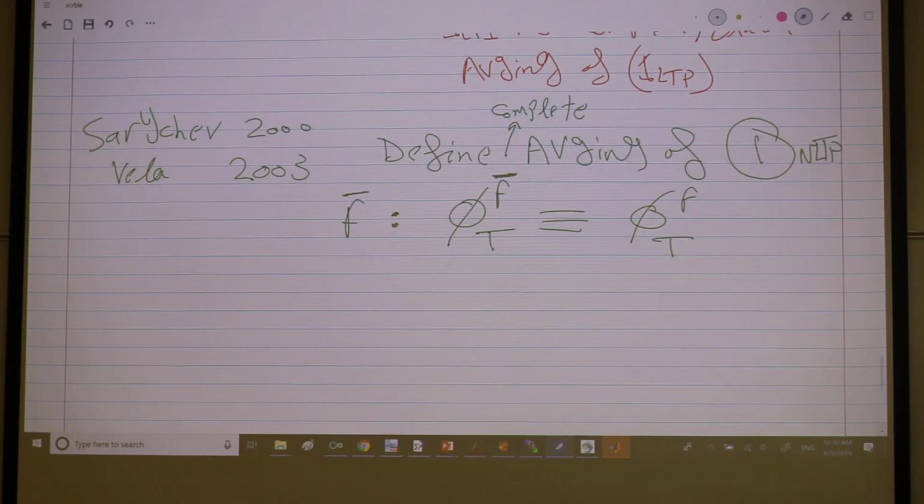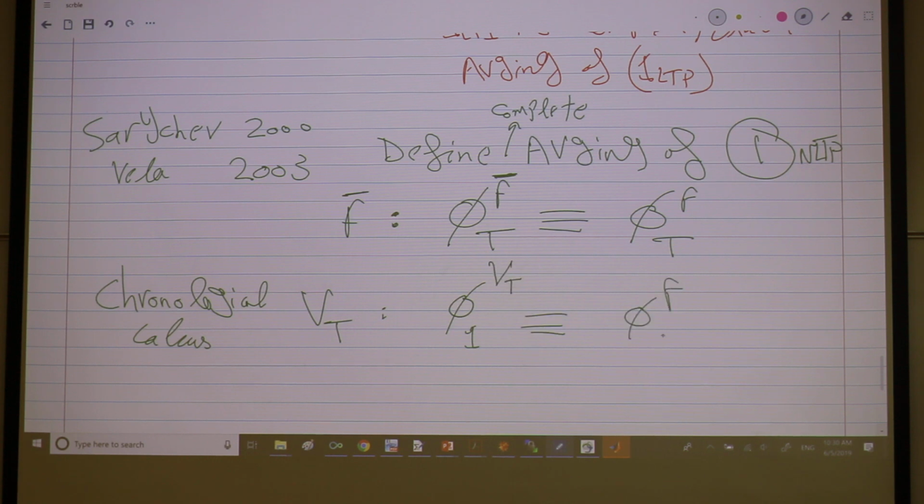Okay, we know from chronological calculus that there may exist a V, it doesn't always exist, but we can try to find a V_T whose flow for unit time matches the flow of this guy at that time.